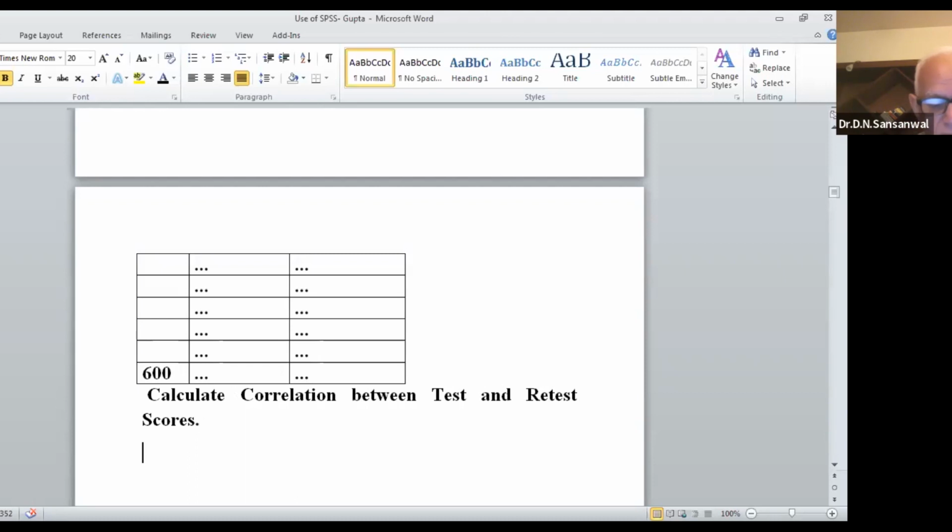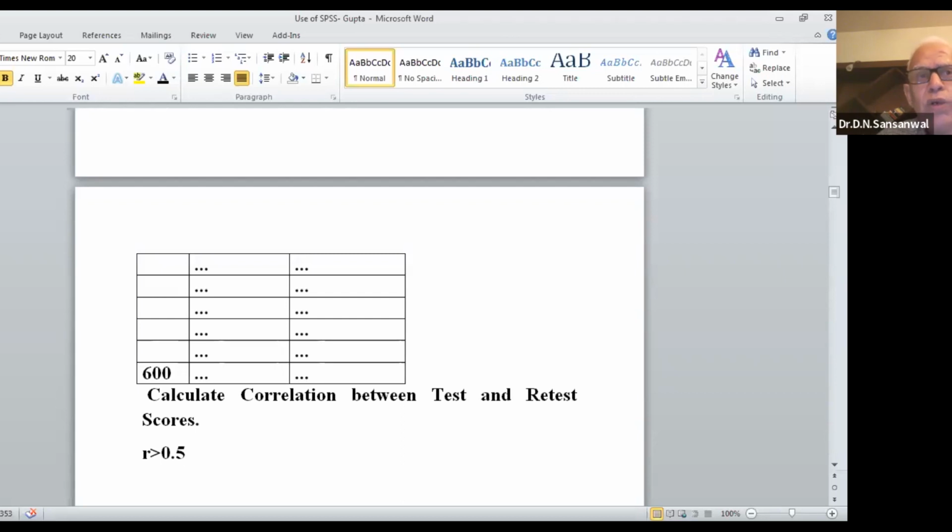And if your correlation value is greater than 0.5, the higher the value of the correlation, the higher will be the reliability of the tool. Now it is very clear to you that here you are administering the same tool on the same people at 2 points of time.